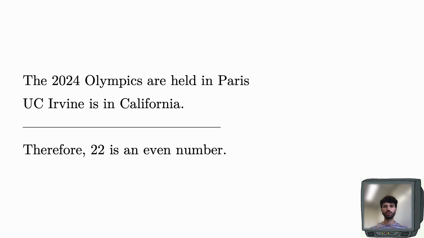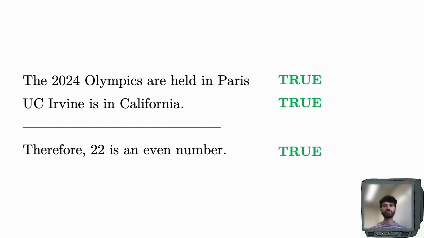So let's look at the truth of each of these statements. The 2024 Olympics are held in Paris. That statement is true. UC Irvine is in California. That statement is also true. Therefore, 22 is an even number. That's also true. But really, this is not a good argument, right?